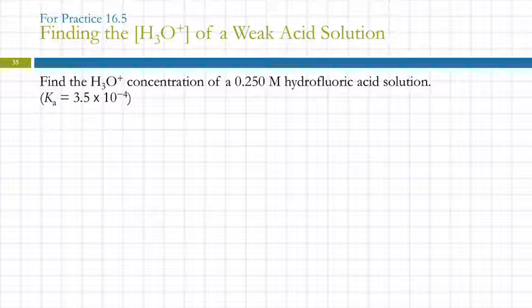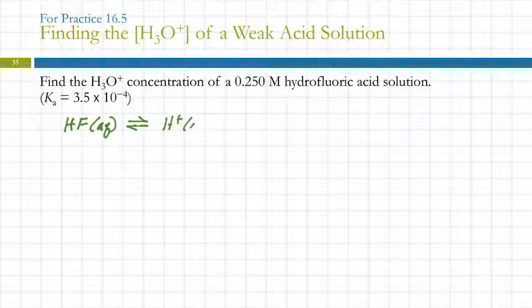So let's do that for hydrofluoric acid. We've got a 0.25 molar hydrofluoric acid solution, and there's the Ka, 3.5 times 10 to the minus 4. So I've got my hydrofluoric acid, and that's going to ionize and form hydrogen ions and fluoride ions.